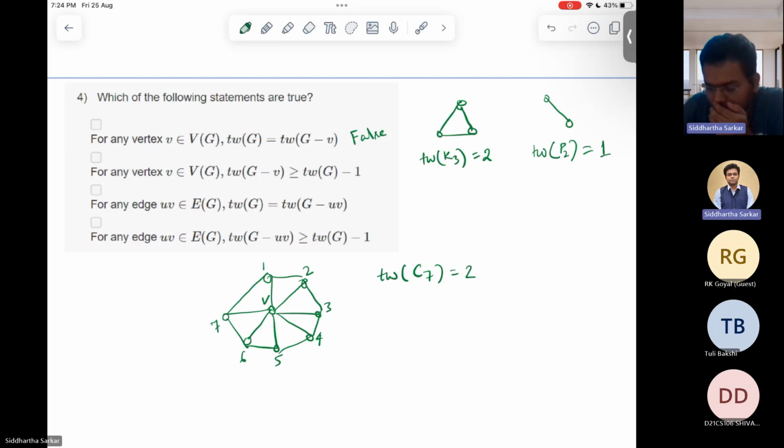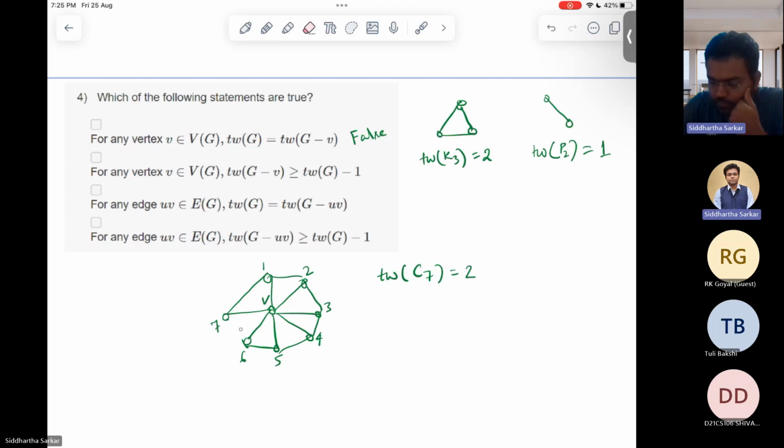Why? For a cycle, we already argued that the tree width is 2, irrespective of the size of the cycle. Once you delete V, we are left with a cycle. So let us say that we delete one of these edges, so you don't want a cycle. Now what you are saying makes sense.